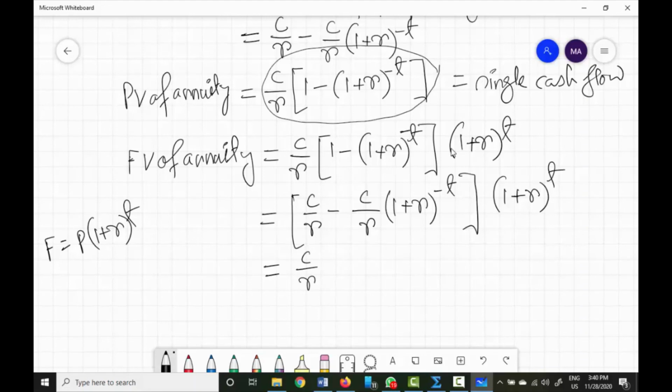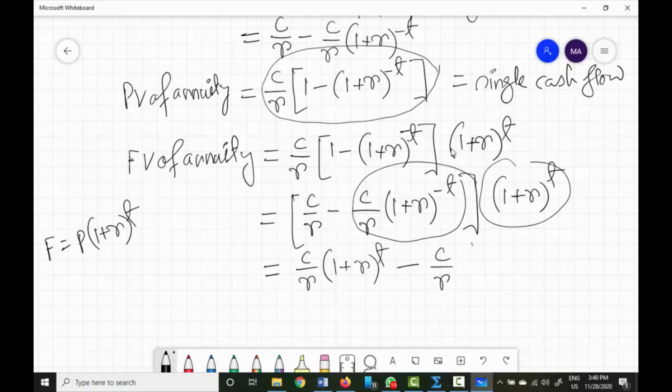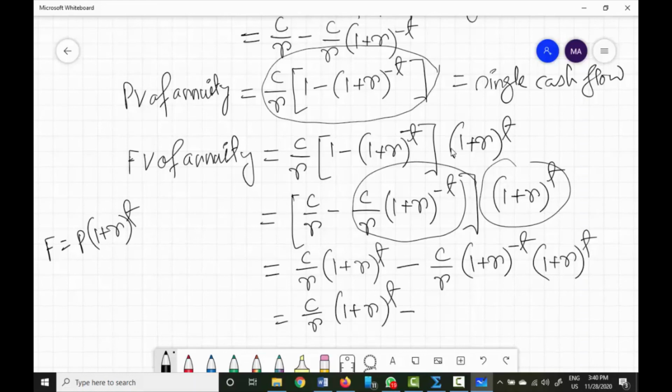C by R multiplied by this one is equal to C by R into (1 plus R) power T, minus, then we will multiply this one and this one, right? So that means C by R into (1 plus R) power minus T multiplied by (1 plus R) power T.